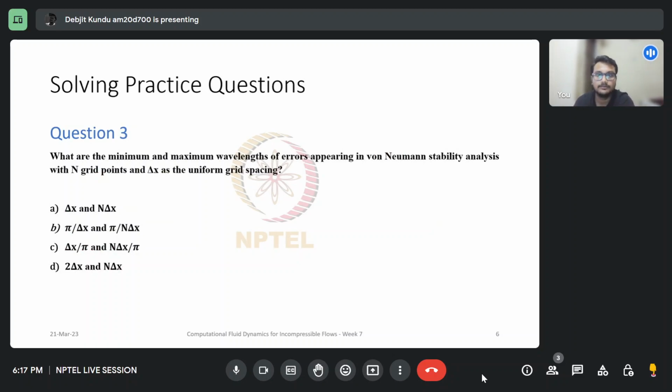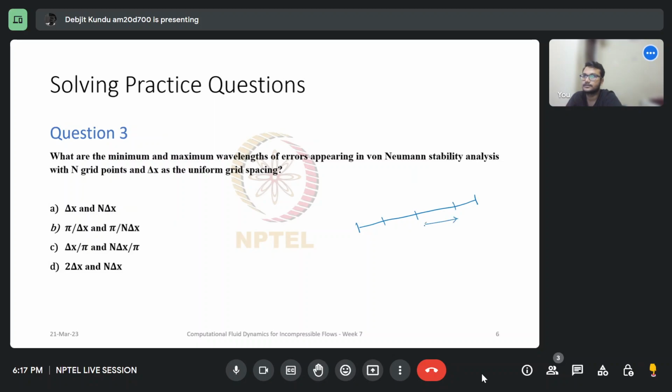are the minimum and maximum wavelengths of errors appearing in von Neumann stability analysis. This is for a case with n number of grid points and delta x as the uniform grid spacing. So the spatial domain can be thought of like this.